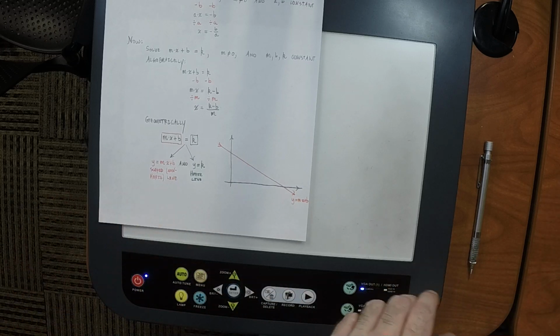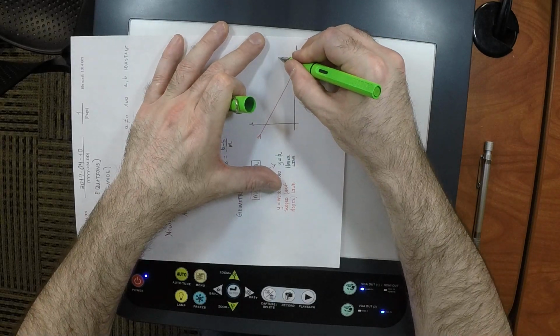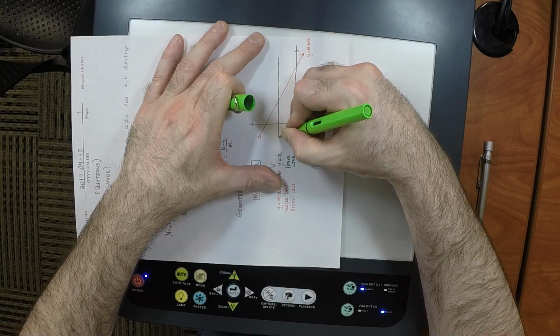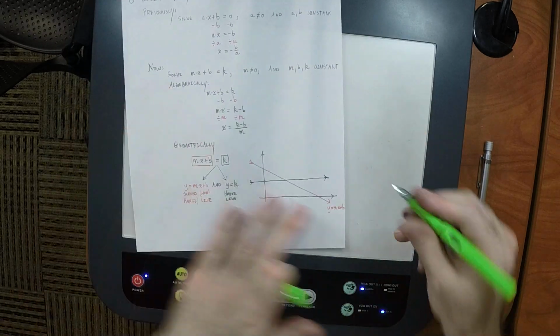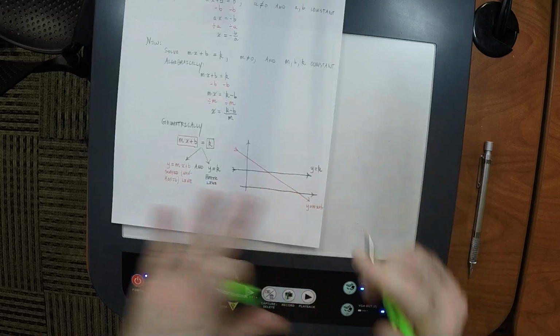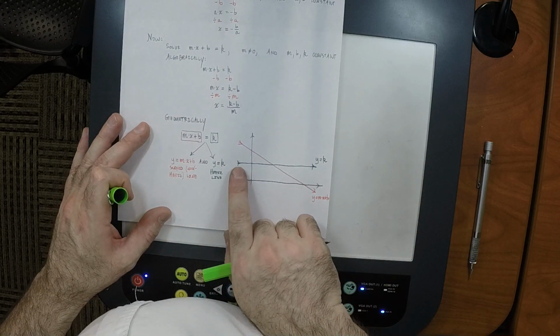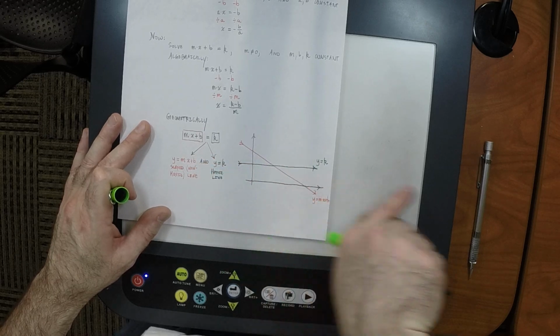And then the green one will be a horizontal line. And remember, the only meaning of those arrows is that it keeps going all the way that way, and all the way that way.